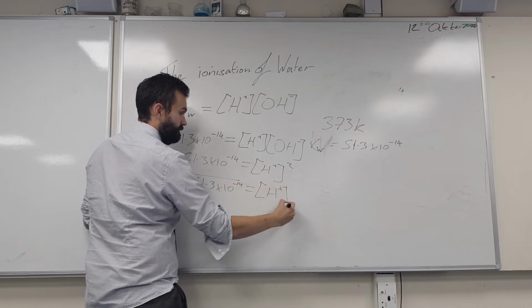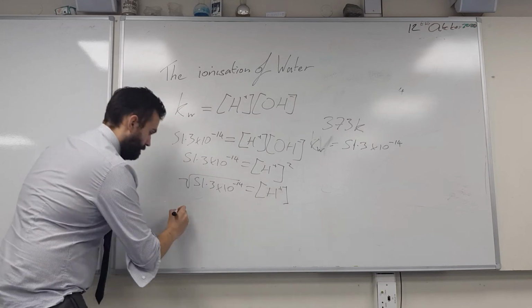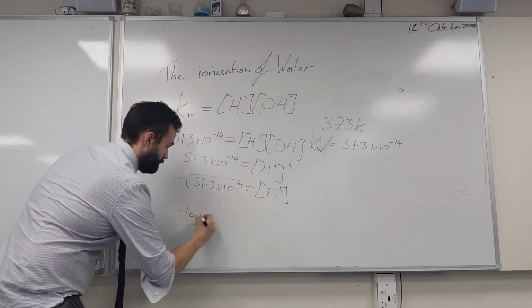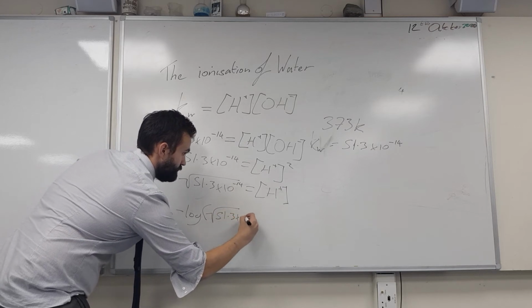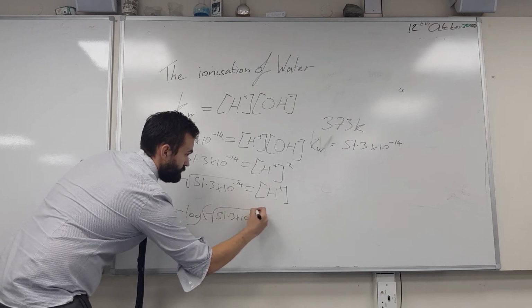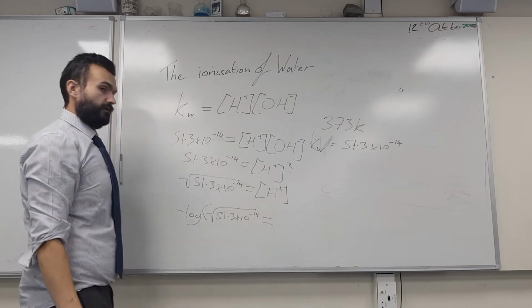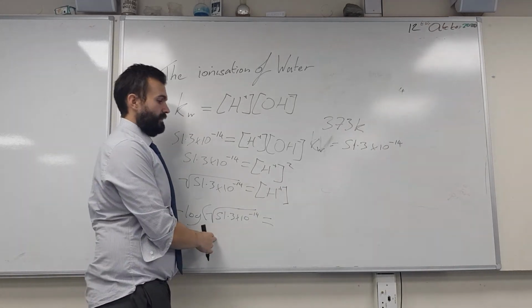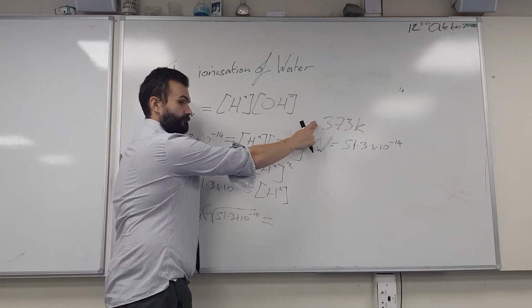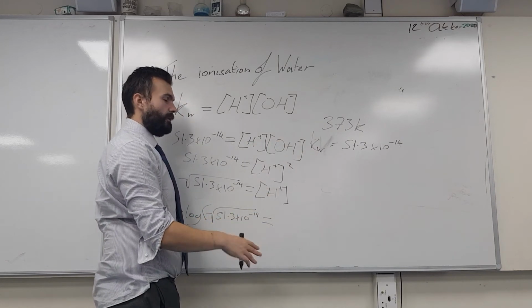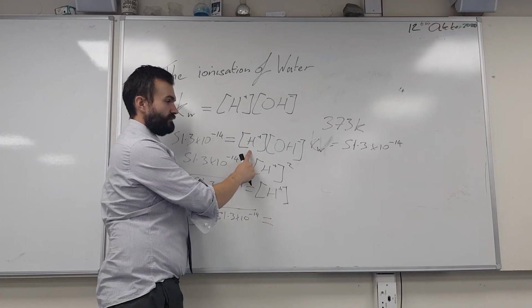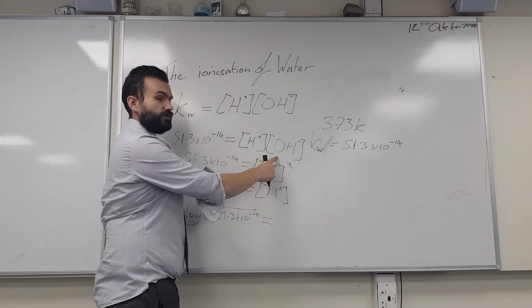Then if we do minus log of that number, that would give us the pH of water at that temperature. Even though it's not pH 7, it's still neutral because the concentration of H+ is equal to the concentration of OH-.